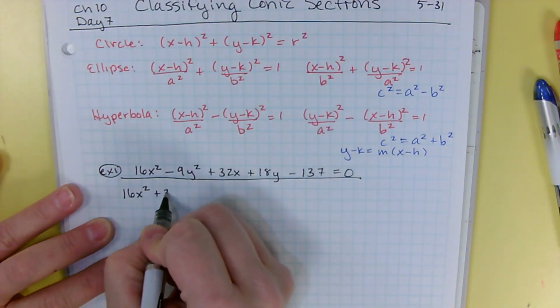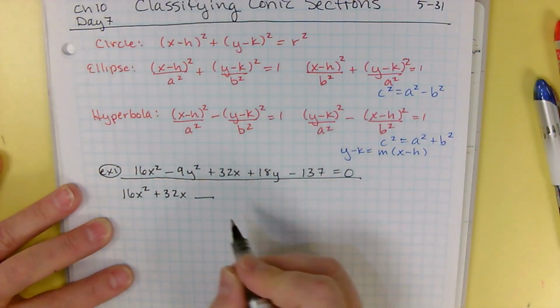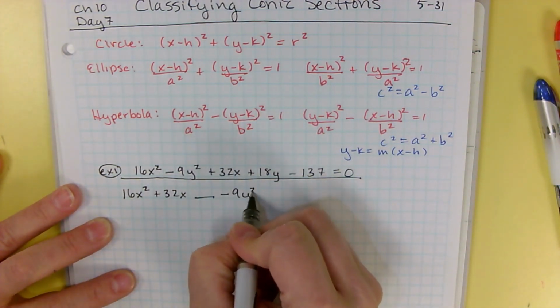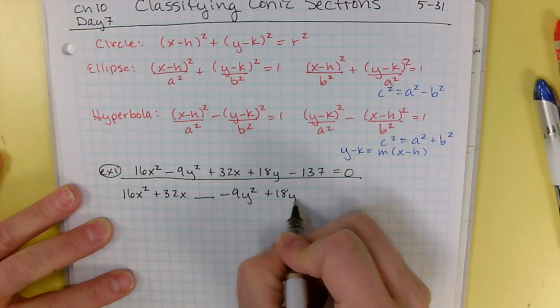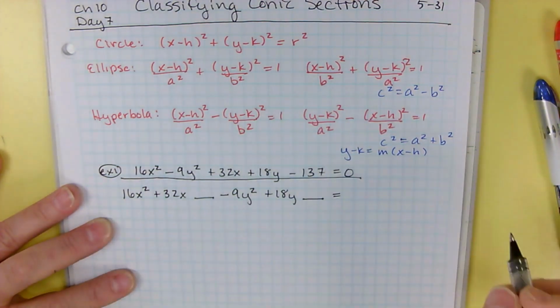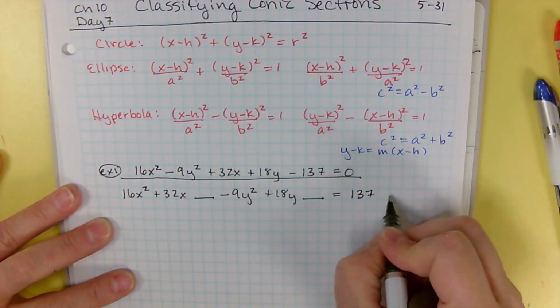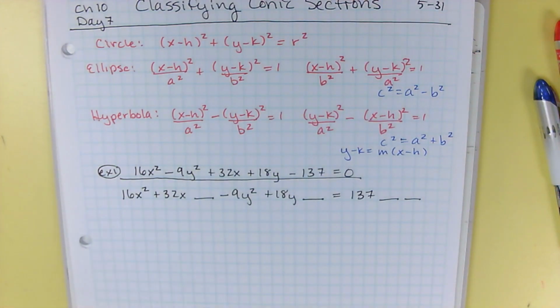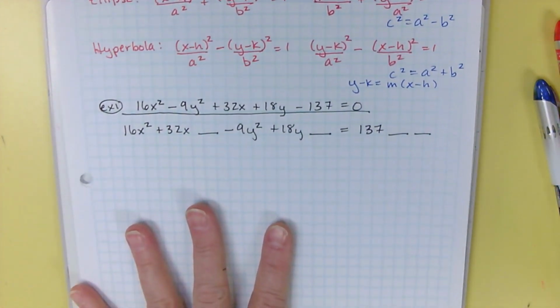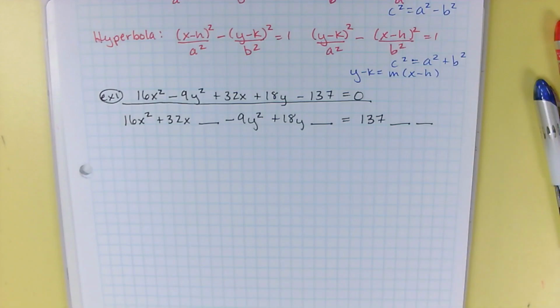So let's reorganize. 16x squared plus 32x, leave a space, minus 9y squared plus 18y, leave a space, equals, and add the number over to the right, you get 137. Now in order to complete the square, we have to remove the scalar.